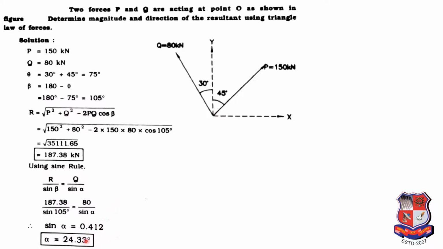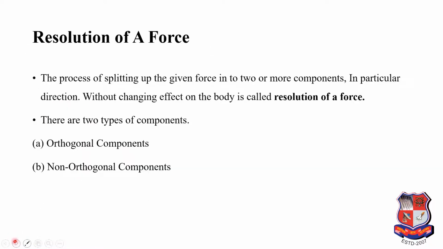So if we have to find alpha, then alpha is equal to sine inverse 0.412, and we will finally get alpha is equal to 24.33 degree. So we have found the resultant as well as alpha very easily.